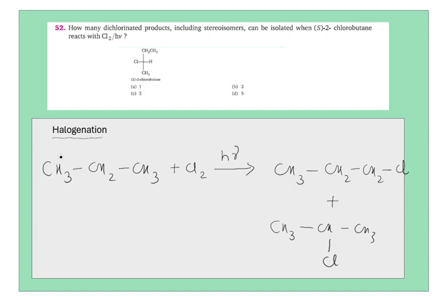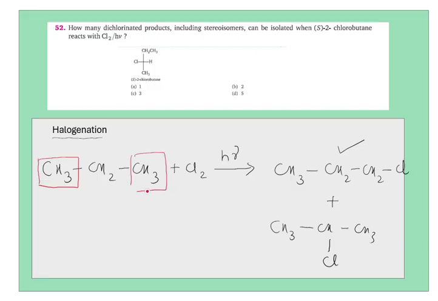Now, why don't we remove hydrogen from here? If we remove hydrogen from here and replace it with chlorine, then we are going to get the same product as shown here. It's 1-chloropropane. Why is it so? It's because of the presence of symmetrical hydrogens.